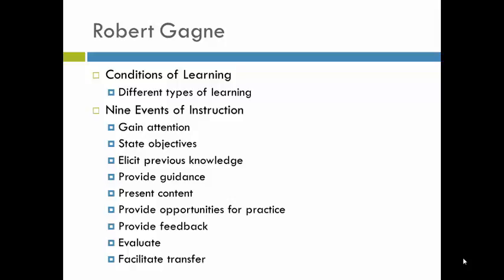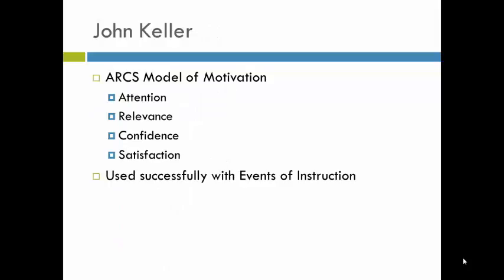So let's look at one of those models that has been used with Gagne's events of instruction. Keller's ARCS model is a motivational model that was developed by John Keller, and it's been successfully used with Gagne's events of instruction. In his model, Keller argues that motivation is a function of expectations of success and perceived values, and he implies that the designer should assume responsibility for motivation.